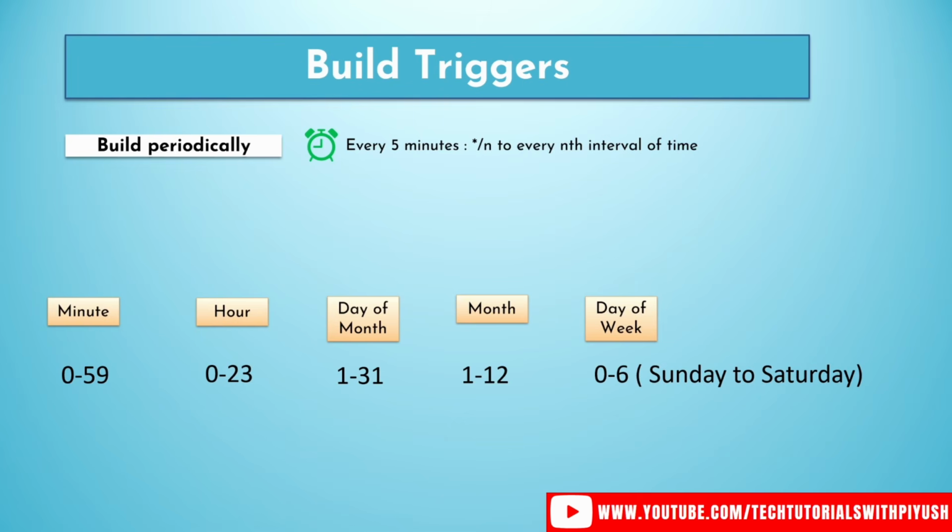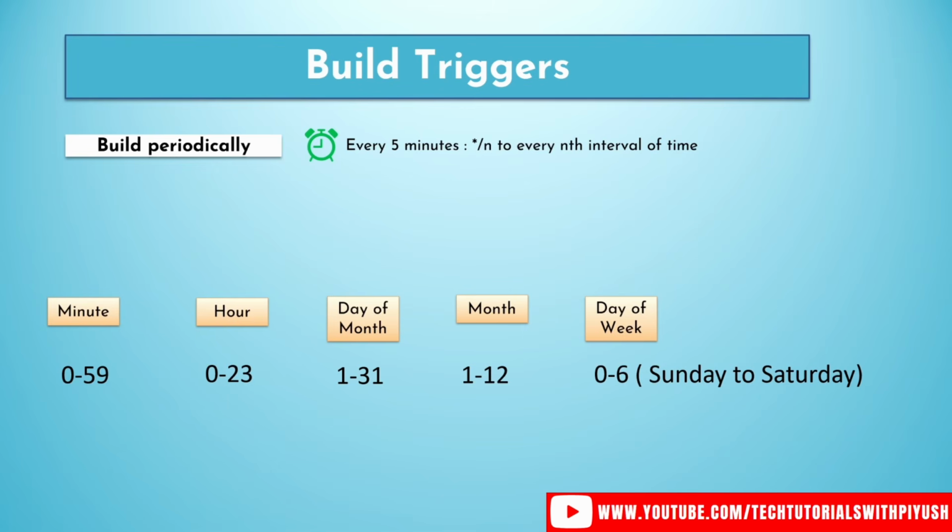There is one more thing that I want to discuss with you before we move ahead. Let's say you want to trigger a build every 5 minutes. For that you have to use asterisk divide by n for every nth interval of time. What I mean by that is if you want to run your build every 10 minutes, then you would use star divide by 10 and asterisks for the rest of the places.